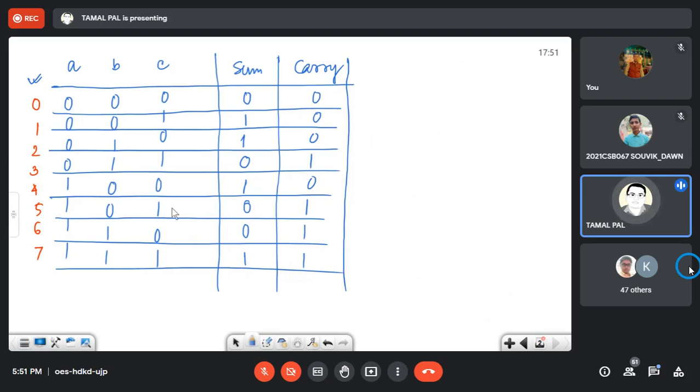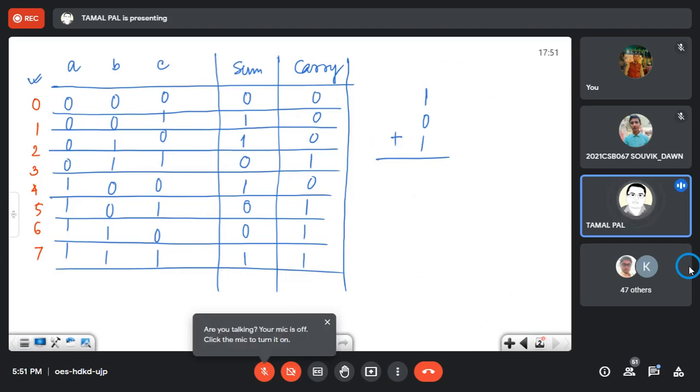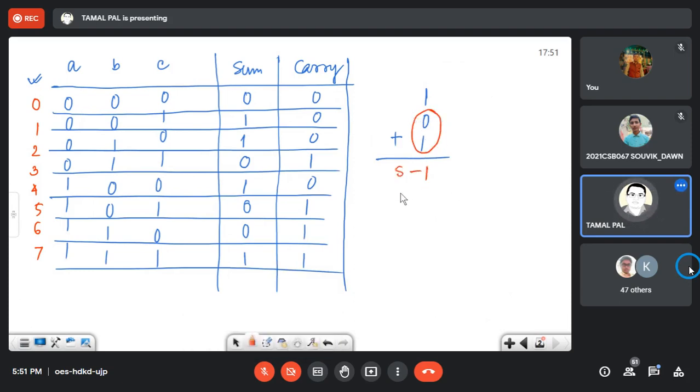Same thing. Let's say if I take the number 5, 1, 0, and 1. Actually, what I had done earlier, that is, I had added the extra bit with the carry. That is the root of all confusion. Okay, that's why I am asking you to follow this technique or this concept. Okay, so when we are adding 0 and 1, sum is 1, carry is 0. Now we are adding 1 again.